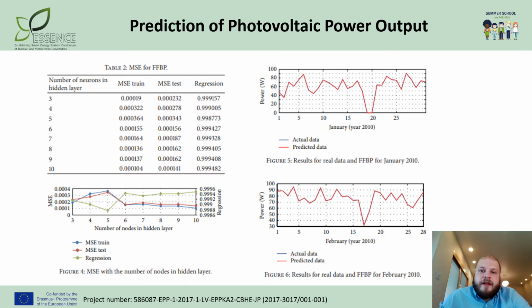In addition, a graphical visualization of mean squared error and regression based on the number of nodes in the hidden layer is shown in the figure. The comparison between the simulated results of the feed-forward backpropagation and the real data for the power of the solar panel in 2010 is provided in Figure 5 and Figure 6. These figures illustrate these comparisons for January and February.